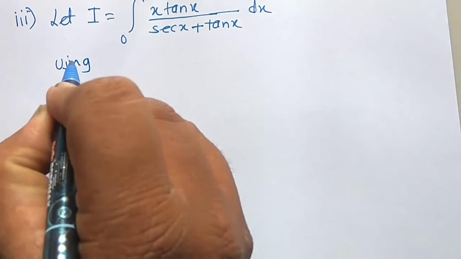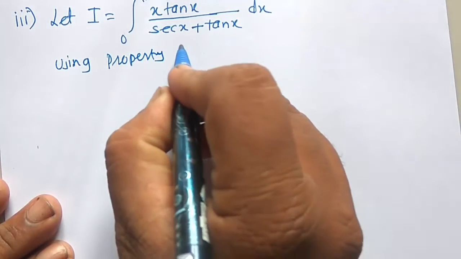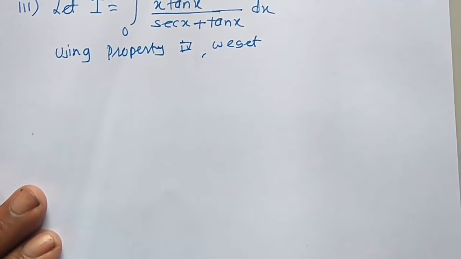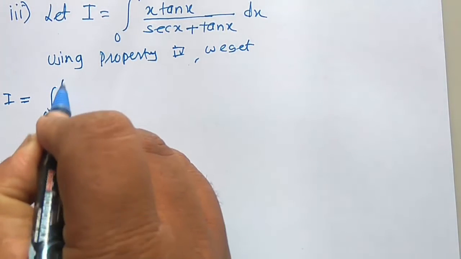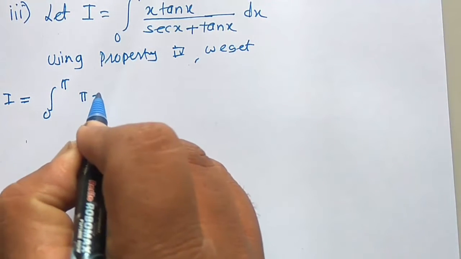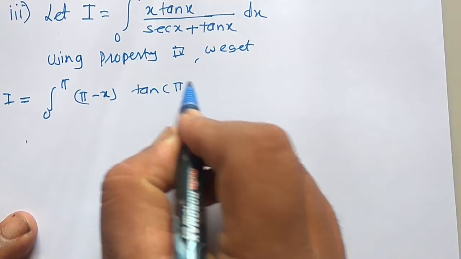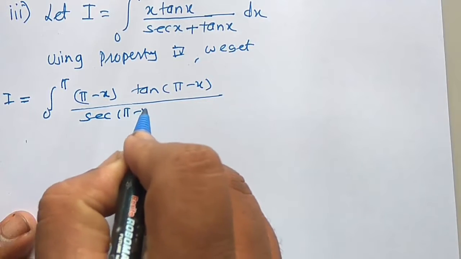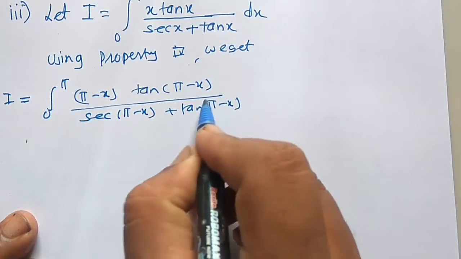Therefore, using the fourth property, we get I is equal to integration 0 to pi, where x is replaced by pi minus x: (pi minus x) tan of (pi minus x) upon sec of (pi minus x) plus tan of (pi minus x) dx.